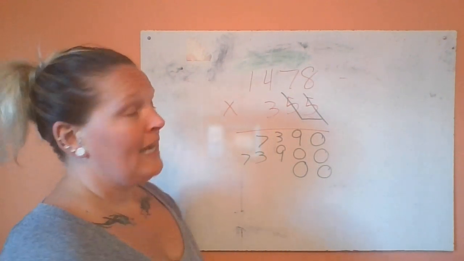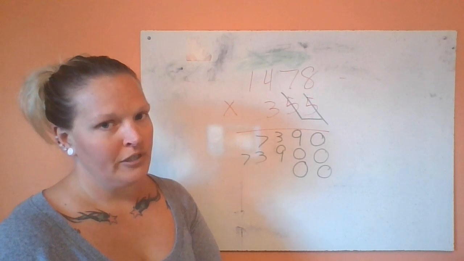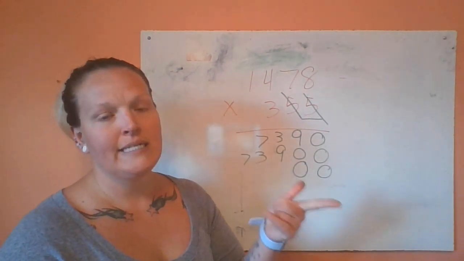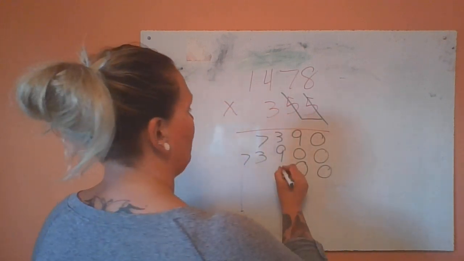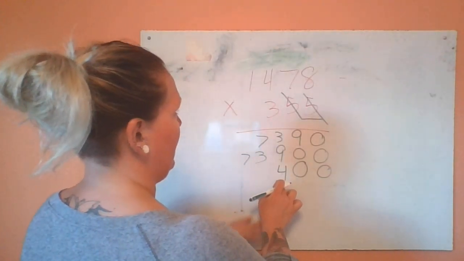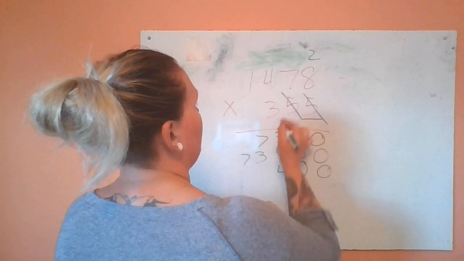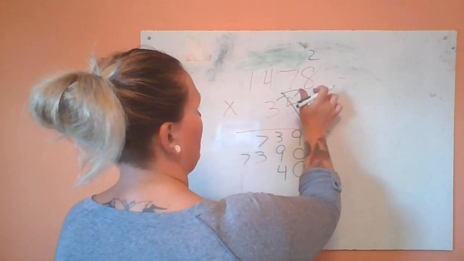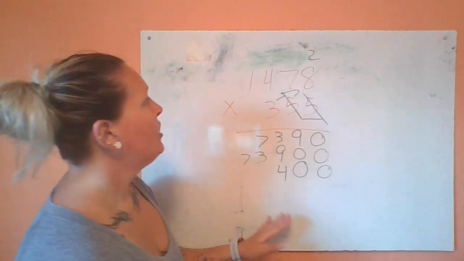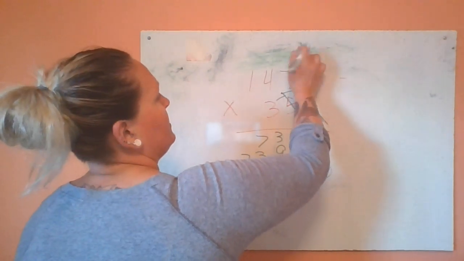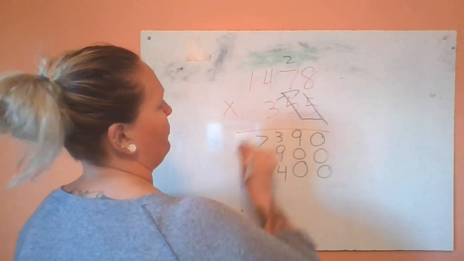So 3 times 8 we know is 24, because 8 plus 8 is 16, plus another 8 is 24. So 4 goes in our hundreds place, and then our 2 goes to the next number, because we just solved for 8.